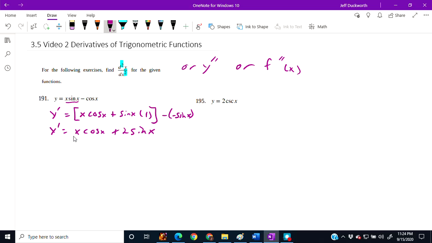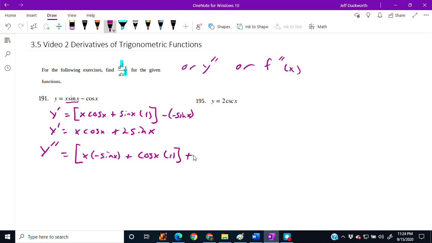Now we take the second derivative, and I add a dash, so y double prime. We have another product rule. So first, derivative of cosine is negative sine, plus the second times derivative of the first, which is 1. And then we have to take the derivative of 2 sine.